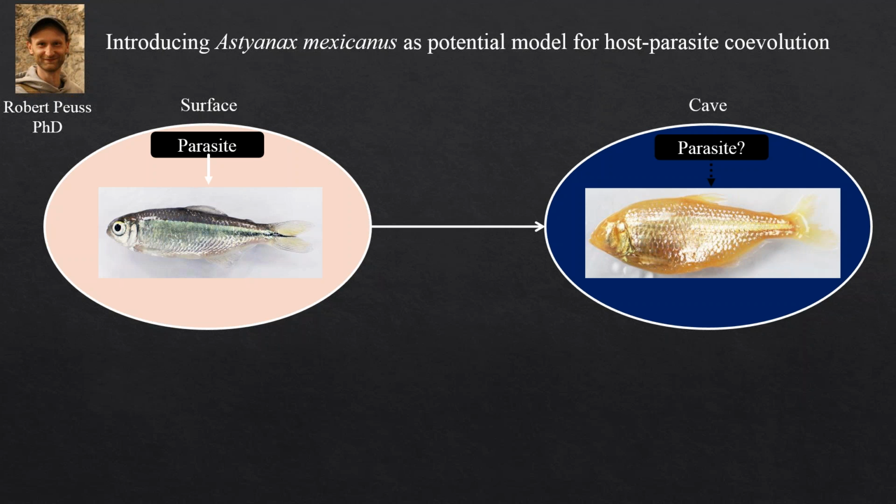And so they're looking at several things, obviously insulin resistance, insulin signaling, and metabolic physiology is one area of their work. But separately, this project is something I've done with Rob Poist, who's a postdoc in their lab. And we're really interested to try to understand what is happening with respect to the host parasite or parasite pathogen and host immune system interactions, because we can hypothesize and demonstrate just from sampling the different sites that the complement of parasites and pathogens that the fish encounter in the surface rivers is really drastically different from what they encounter in the caves.